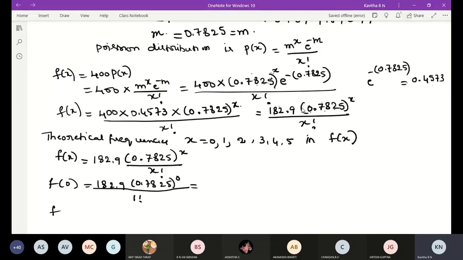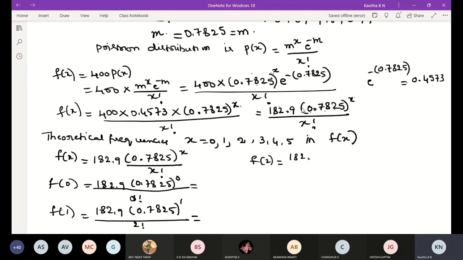f of 1 is 182.9 into 0.7825 whole to the power of 1 by 1 factorial. f of 2 is 182.9 into 0.7825 whole to the power of 2 by 2 factorial.